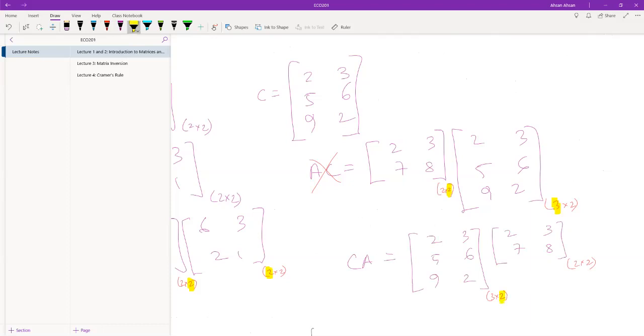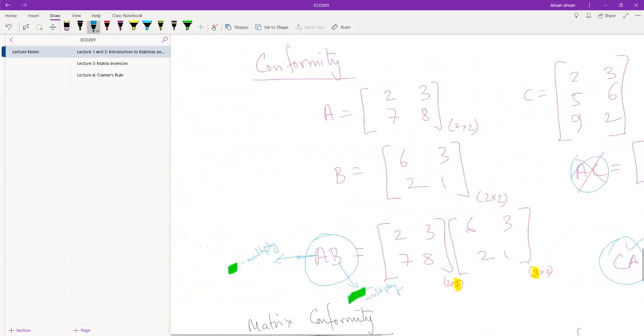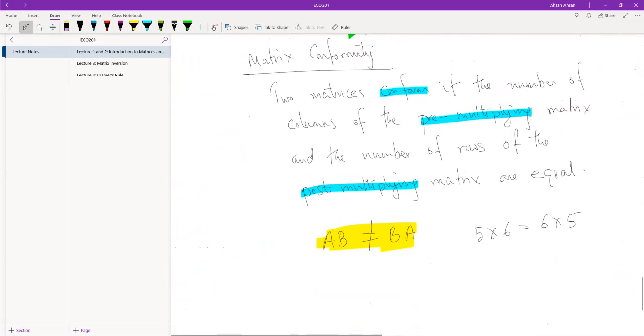The number of columns here and the number of rows here are equal, which means that we can multiply C and A, but we could not have multiplied A and C. We're going to learn how to multiply matrices very soon. Don't worry about that. But for now, just appreciate the fact that AC and CA are not the same. What we know about numbers is correct, but this does not apply for matrices. So this is something very important to keep in mind, and it will become relevant soon.